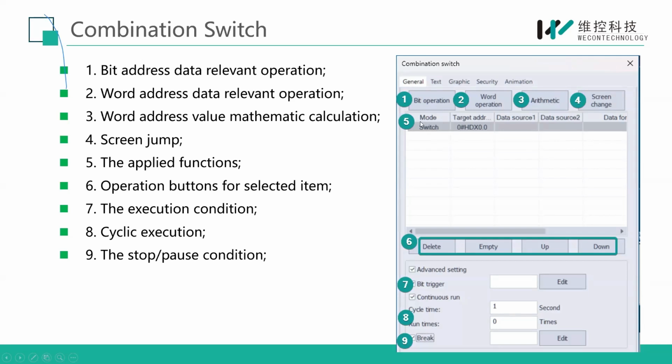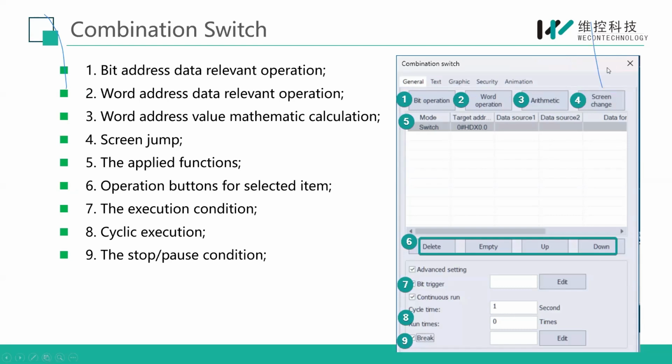So here in this picture, we will just use one switch, HDF 0.0. Okay. And next, number 6. If you have created some functions here, you can delete them or move them up and down. You can use this function to operate it. The 7th one is the execution condition.